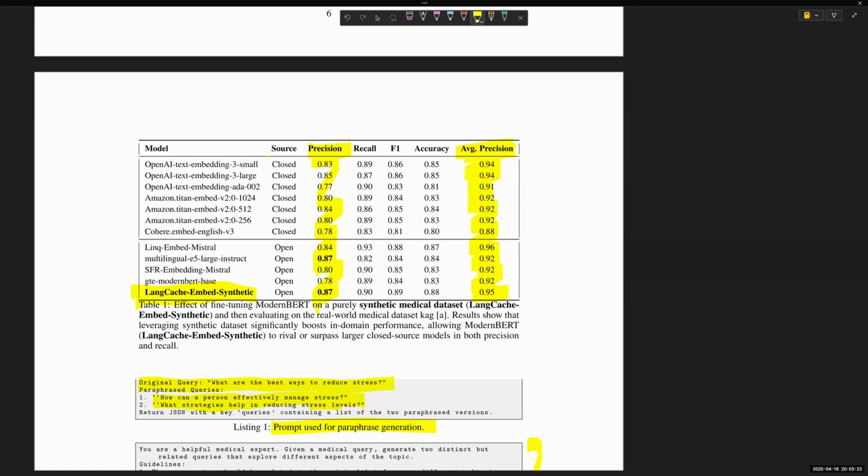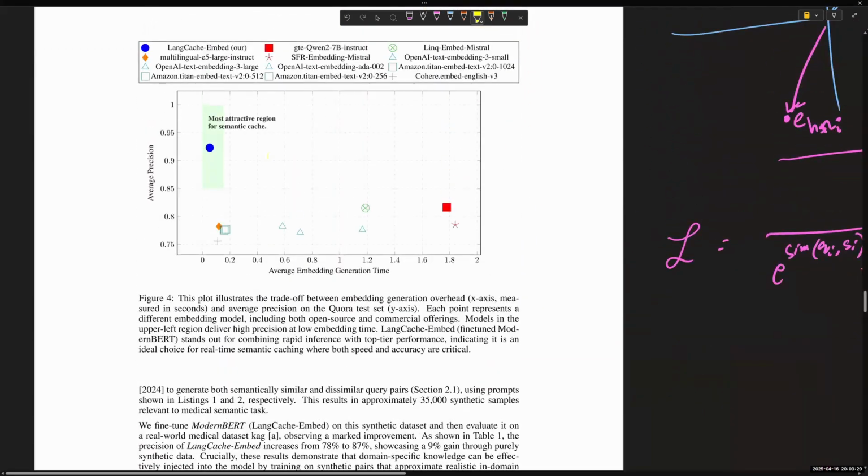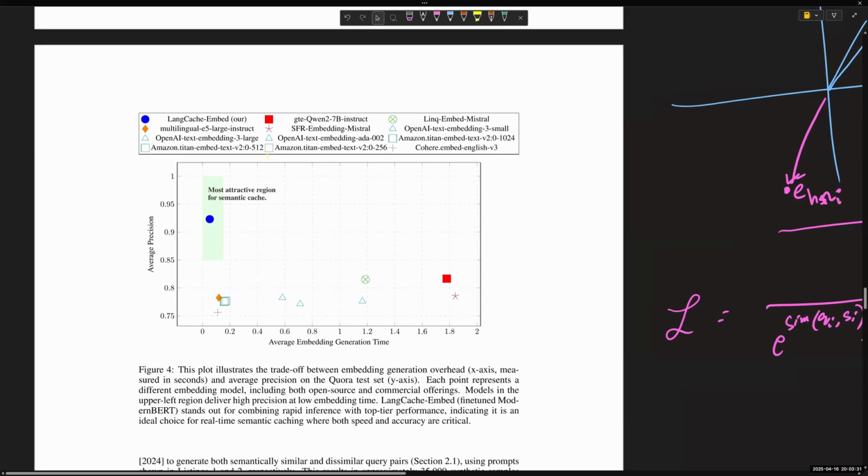If you just do purely medical, synthetic medical data and so on, there are a little bit of nuances here and there. And what they are basically saying is that by using such a tiny model, you hit the sweet spot that is mentioned here. Namely, you have very high average precision for actually a tiny model.